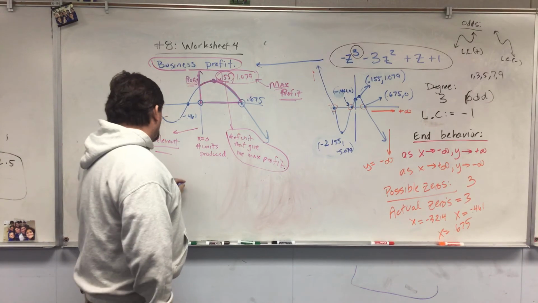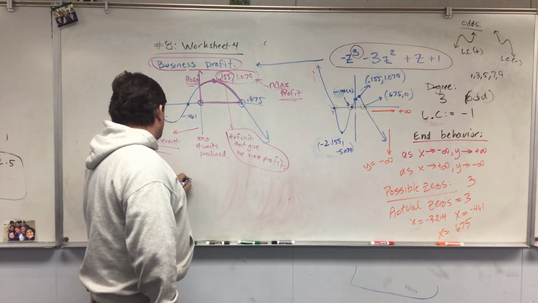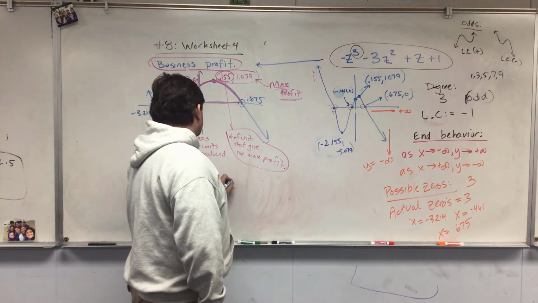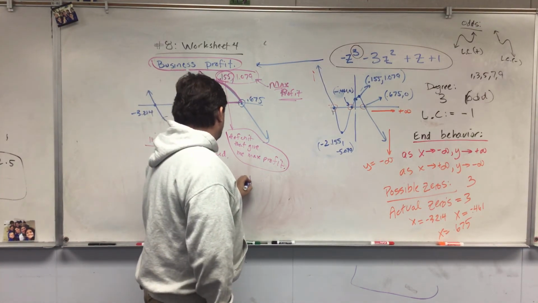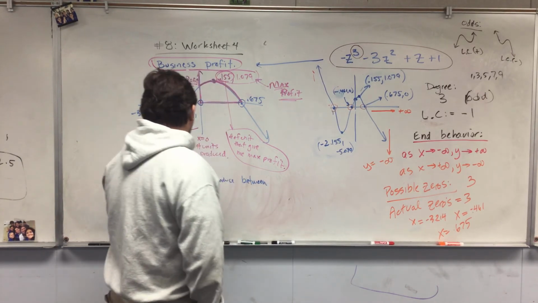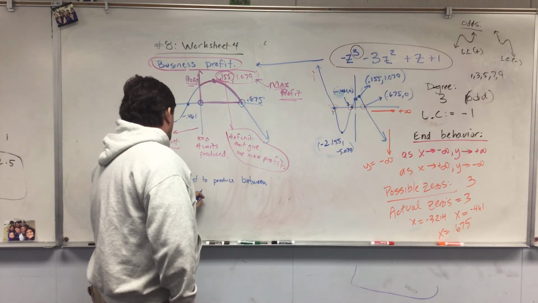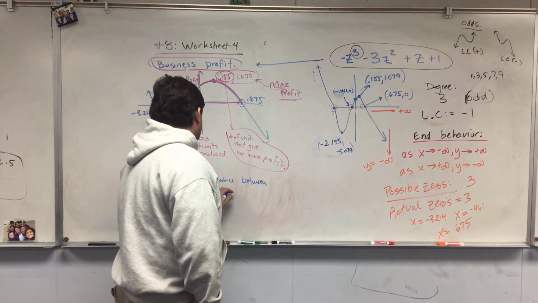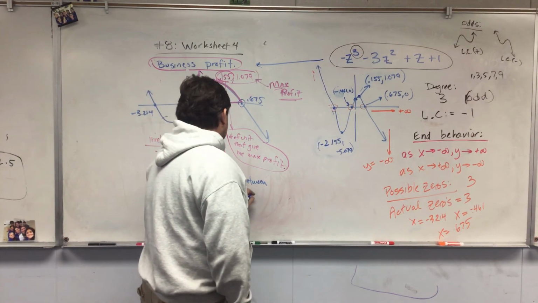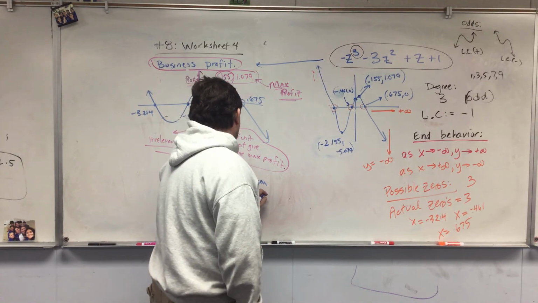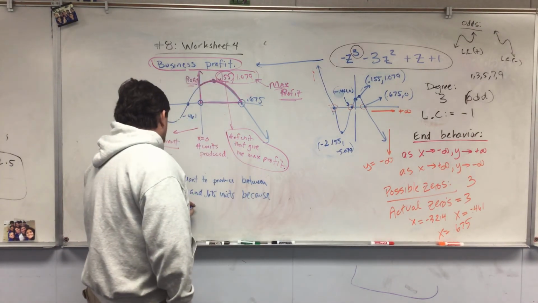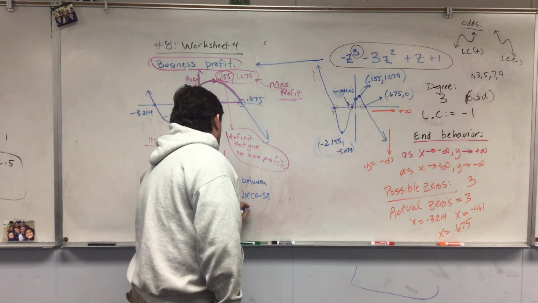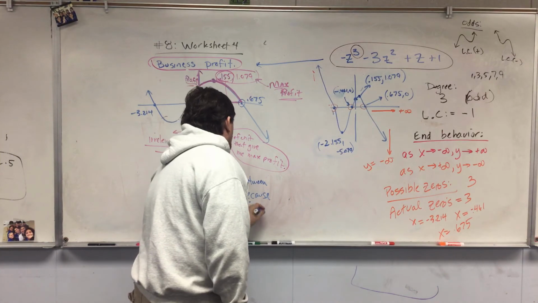So I would want to produce between 0 and 0.675 units because that is where profit is positive.